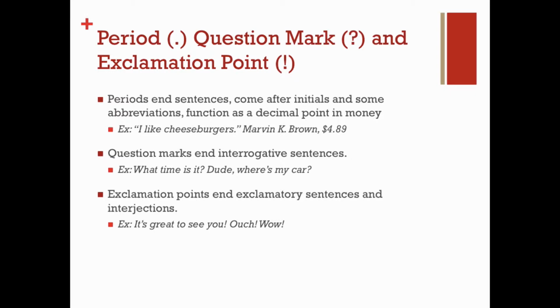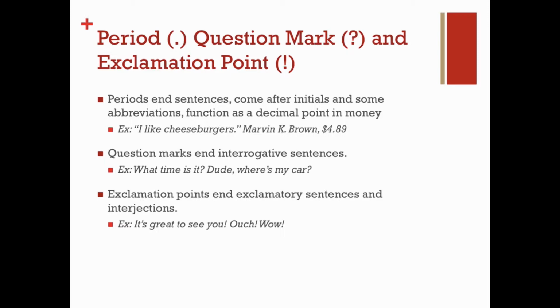Exclamation points end exclamatory sentences and interjections. The first example that I have here is an example of an exclamatory sentence. And if any of these different sentence types are not ringing a bell for you, I have another video on this channel that explains all of them very clearly. The first example here at the bottom of the slide says, "It's great to see you!" Exclamatory sentences show strong feeling or emotion.